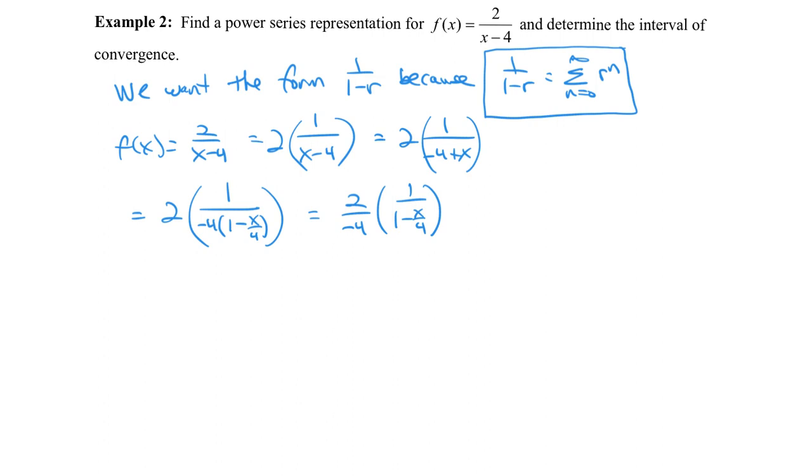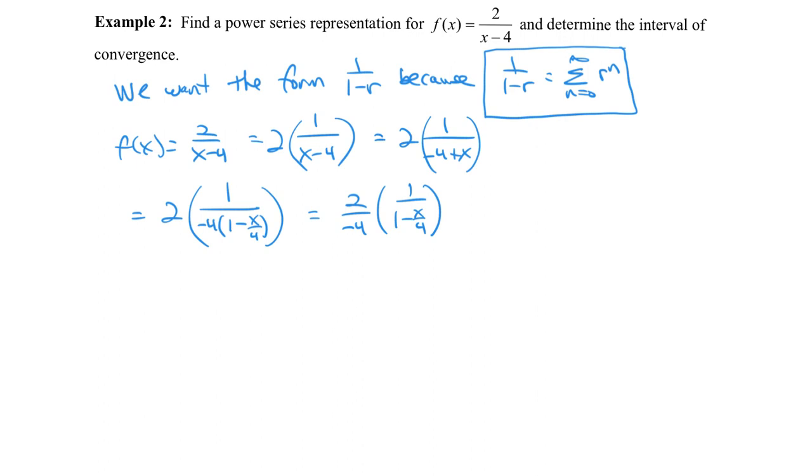And I know you guys would never think of leaving this fraction like this, right? 2 over negative 4? Would you even hang out with somebody who does that? I didn't think so. We've got standards. So let's write that instead as negative 1/2 times 1 over 1 minus x over 4.